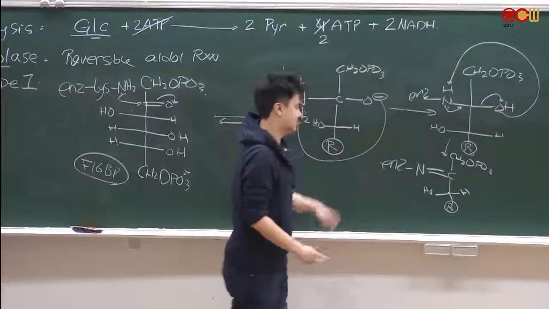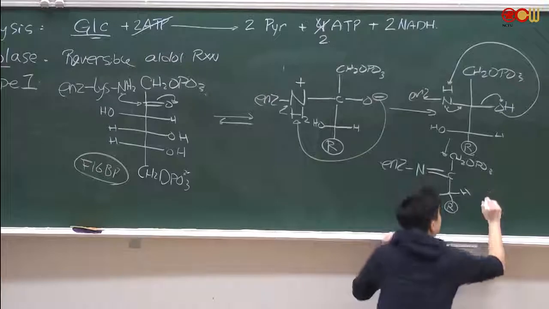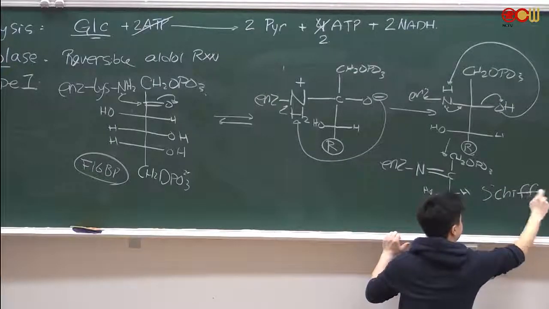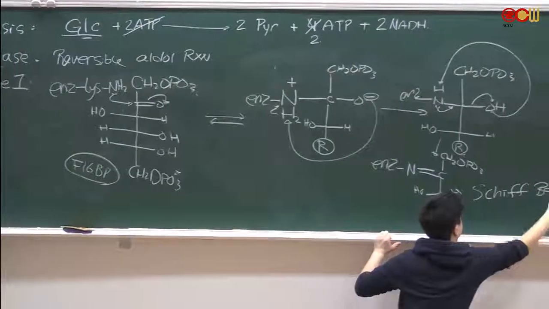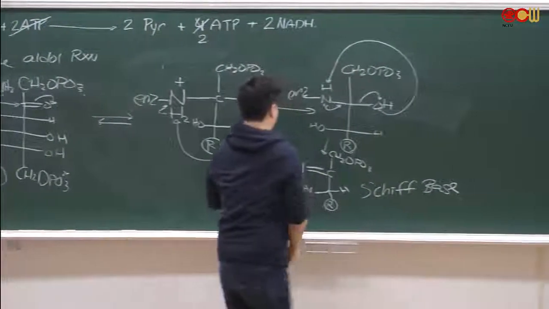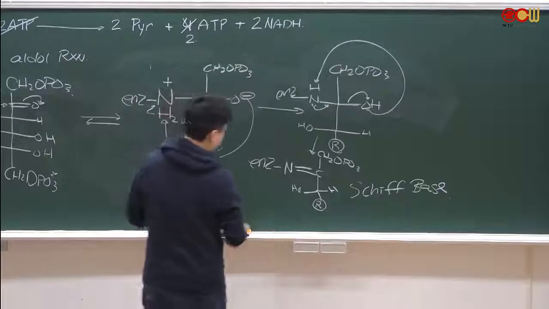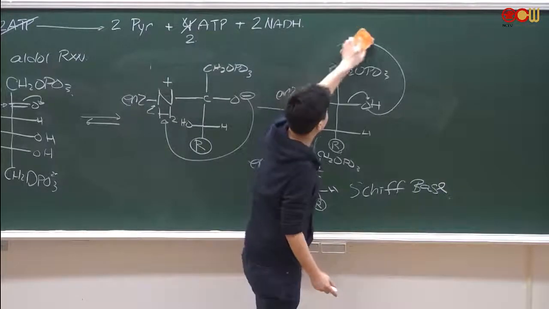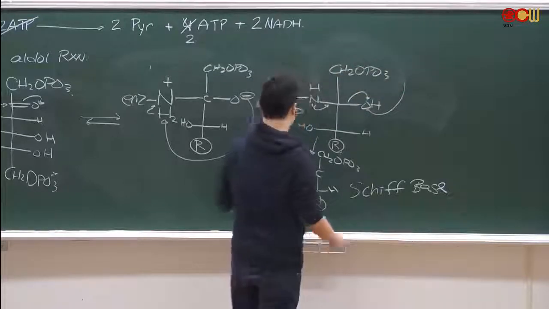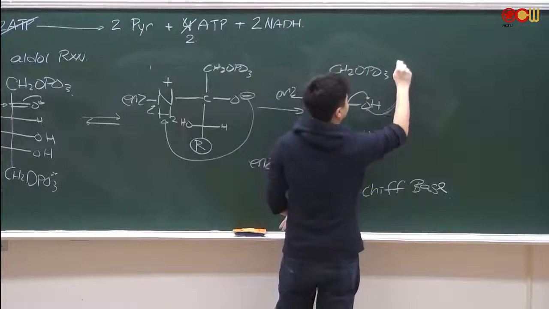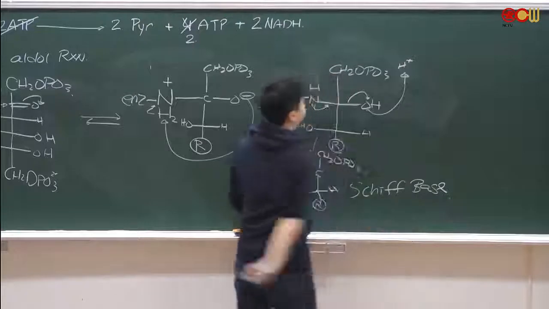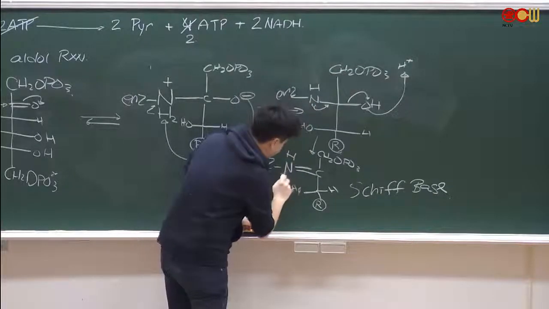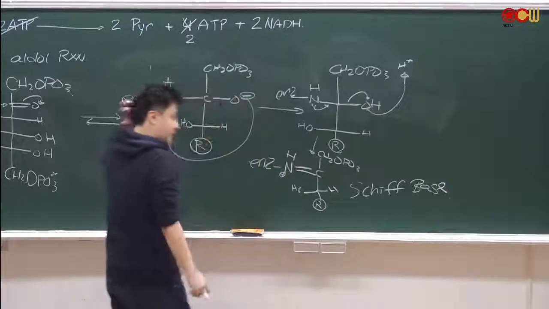This thing is called a Schiff base. There's supposed to be a hydrogen here, so let me erase this real quick, and let's just say I'm going to grab a proton from the solution, such that you leave this with a positive charge. We'll need that a little bit later.